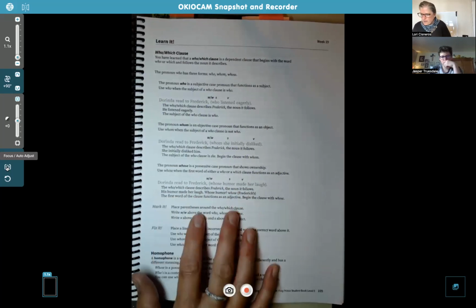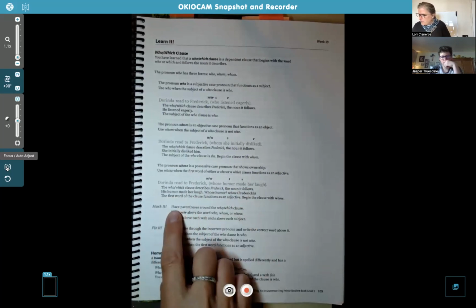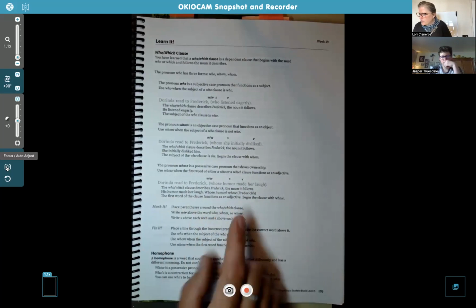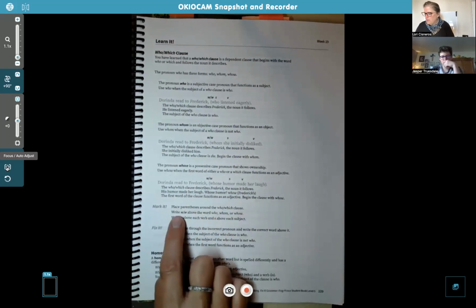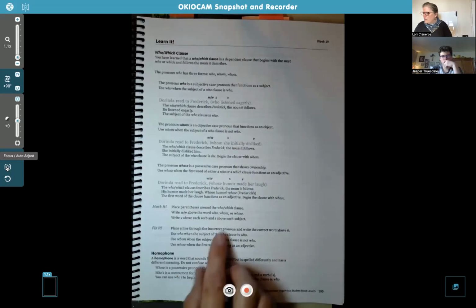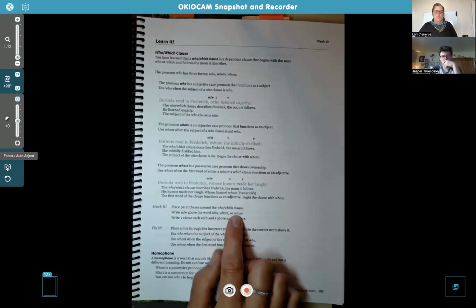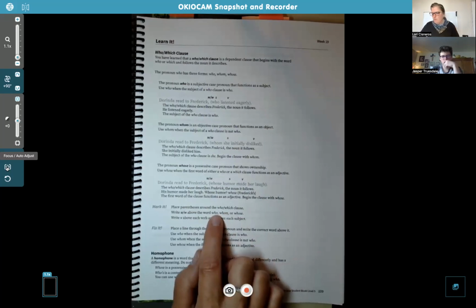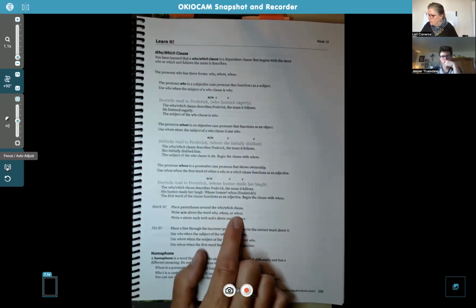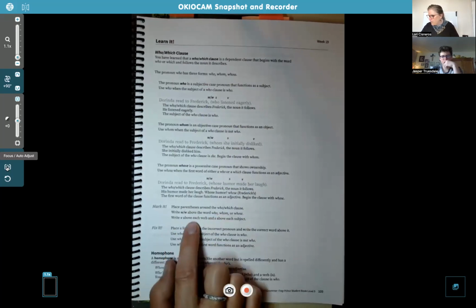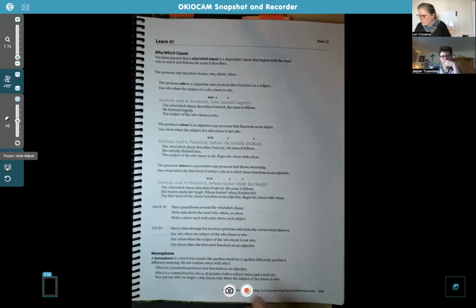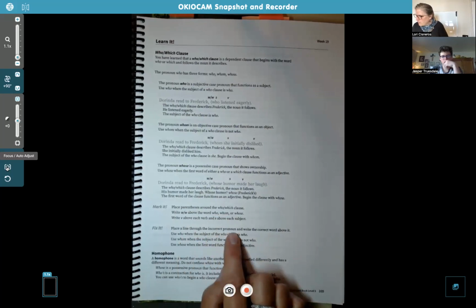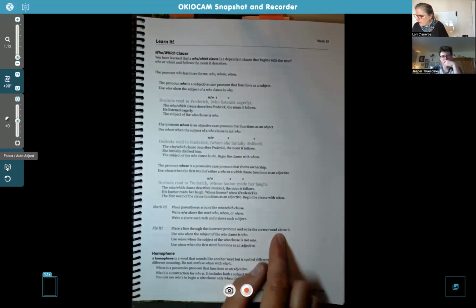All right, and there's more practice on the back page of this, but it says place parentheses around the who, which clause. You're still going to do that. You're still going to write WW above the word who, whom, or whose. So more than just who or which this time. Now we're looking for who, whom, or whose. Write the V above each verb and S above each subject. Place a line through the incorrect pronoun and write the correct word above it.